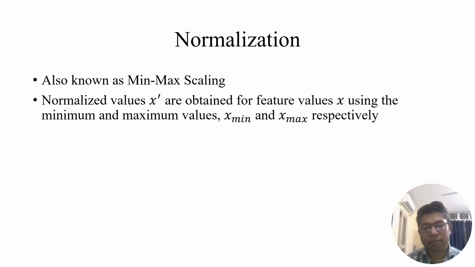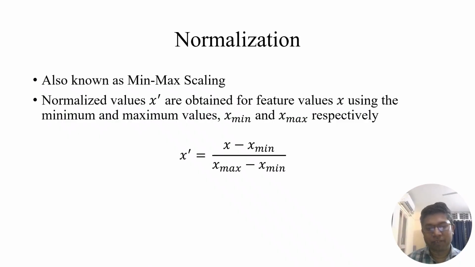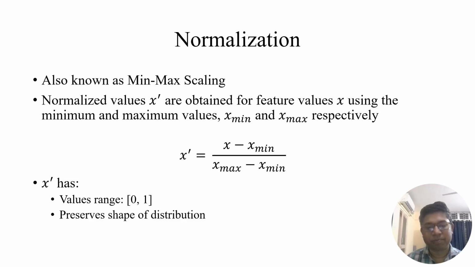So suppose you have your feature values x and the minimum and maximum values of these features are say x min and x max, then the normalized value x prime can be obtained using this formula, where I first subtract the minimum value from the feature value and divide it by the range of the feature values. What is the range of the feature values? That is the maximum value of the feature minus the minimum value of the feature.